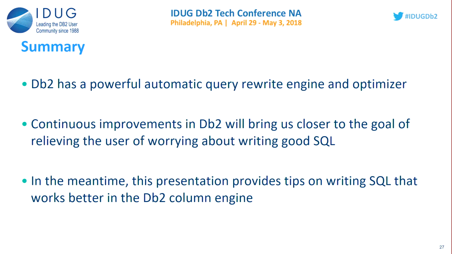Okay, so this diagram looks very similar to the previous case as well. Question: is it more efficient to use not exists rather than not in, or do they work the same? That's a very, very good question, because a lot of people do not understand the semantic difference between not in and not exists. There is a difference. A not in predicate in the presence of nulls gives completely different results than a not exists predicate.